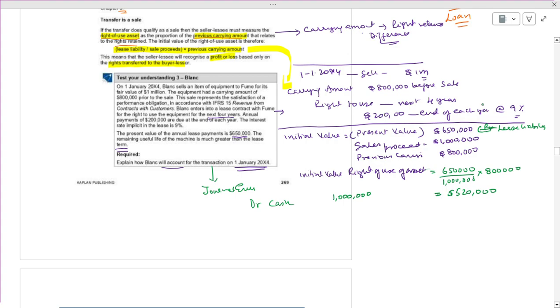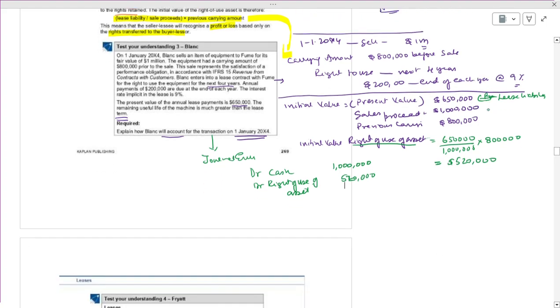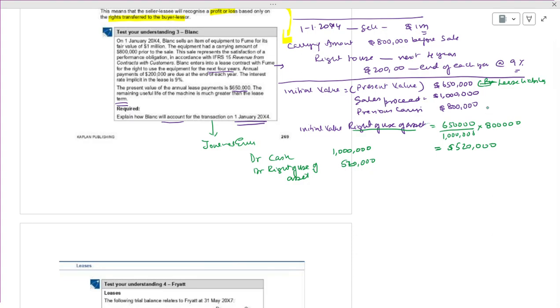Right of use of asset is 520,000. Now we are cancelling. Next, the lease liability is 650,000.